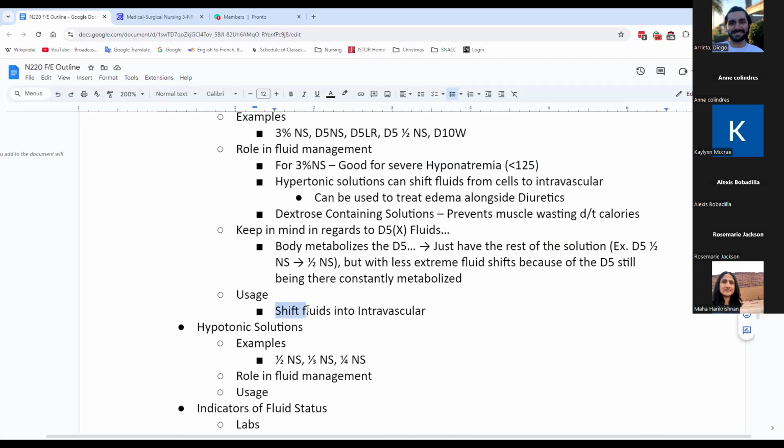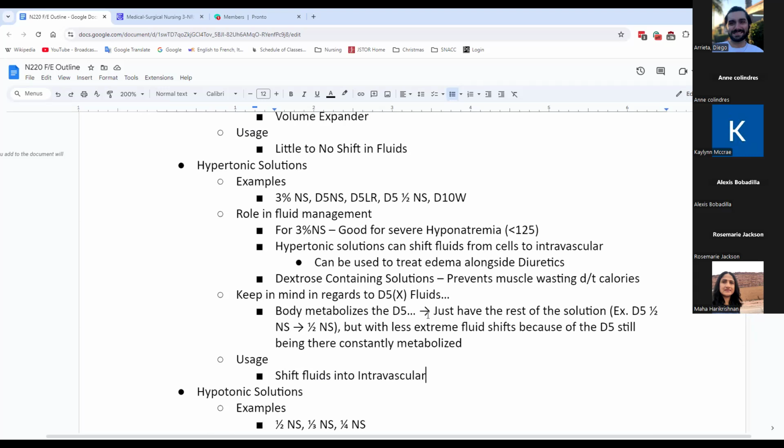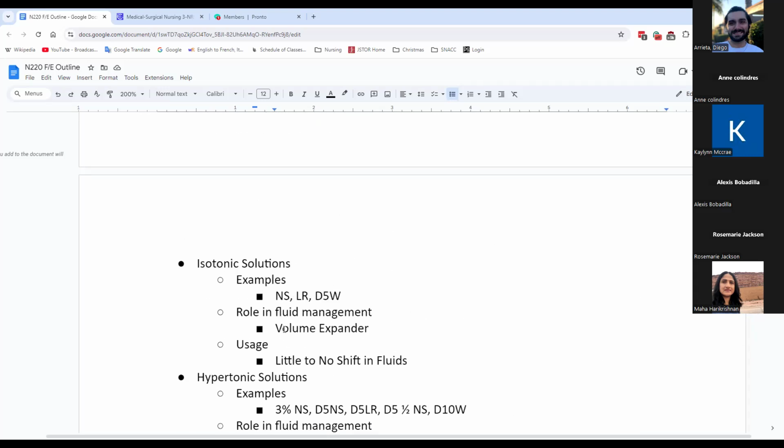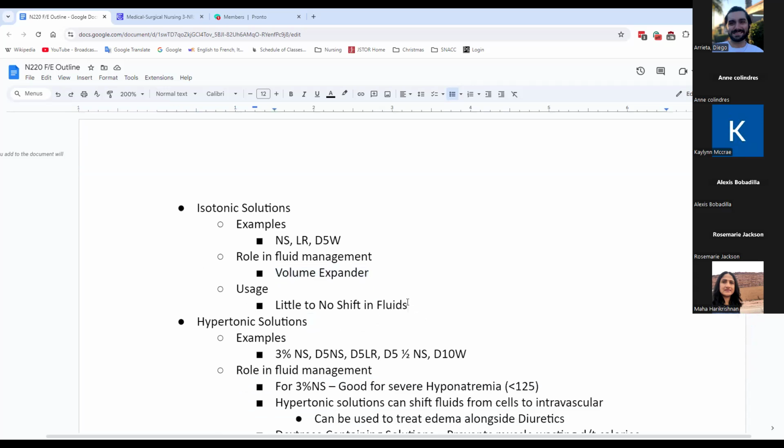Even though this is shifting fluids into the intravascular, we don't necessarily want that, because if you're shifting too much, your cells become dehydrated and shrink. They won't burst, but they'll shrivel and die. So just remember that. We always use isotonics for low blood pressure, bolus, and shock or anaphylactic shock or all that stuff.